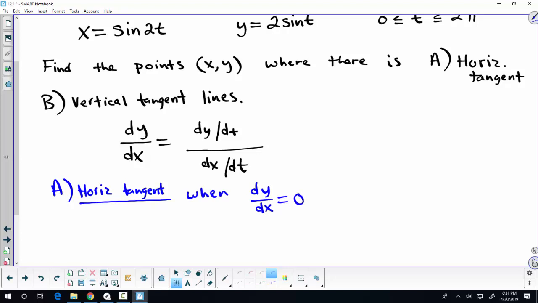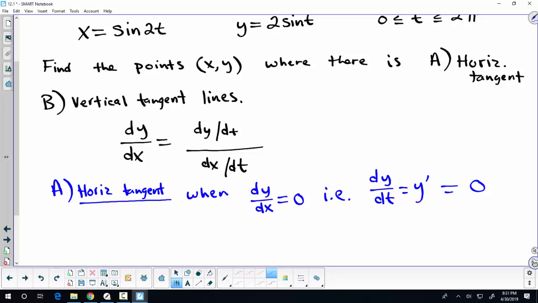So when is that fraction 0? When the top is 0. So you've got a horizontal tangent when the top, dy over dt, which we're calling y prime, is equal to 0. What happens if both dy over dt and dx over dt are 0?